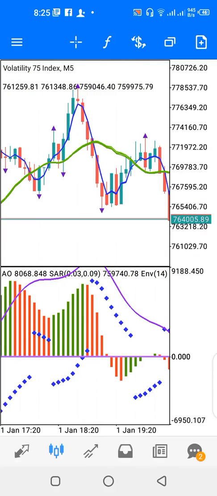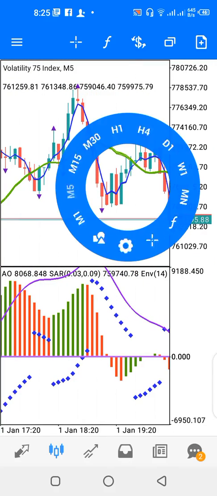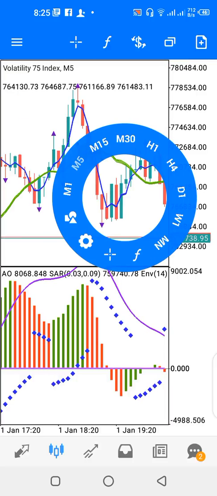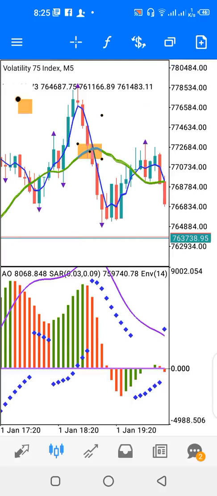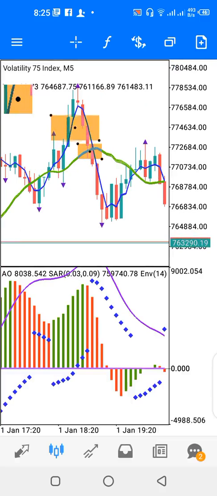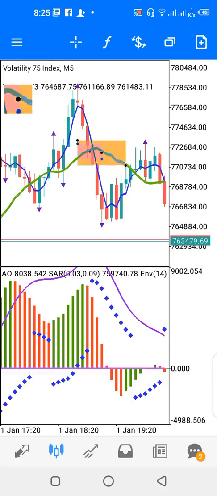For the blue to cross downwards, you must have some level of allowance. For this crossing to occur, and then you place your sell trade, price must have moved away from the green Bollinger Bands. Like you can see a move away here, then you now see a crossing. That's a good signal.